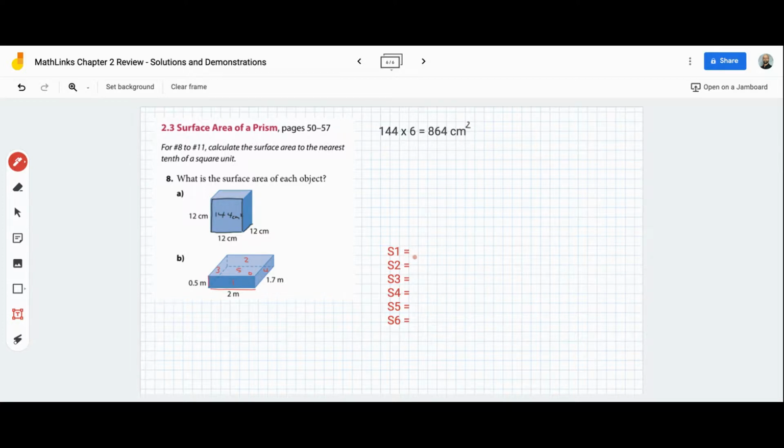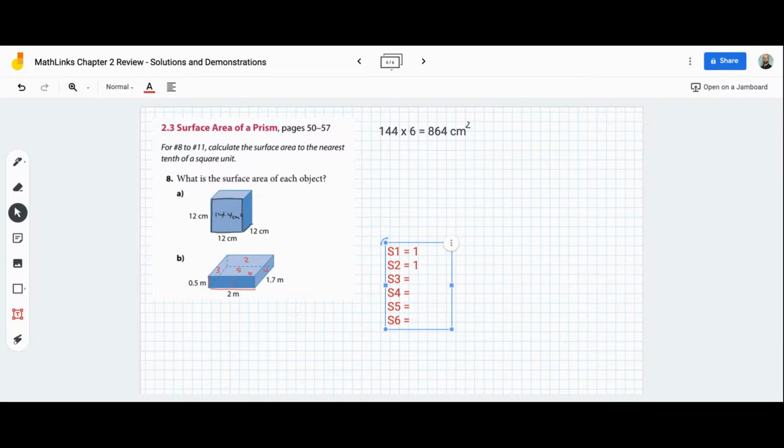Well, I can break out a calculator, but I already know that 0.5 times 2 is going to be 1. Sorry about this. That's probably painful to watch. Side 1 and side 2.